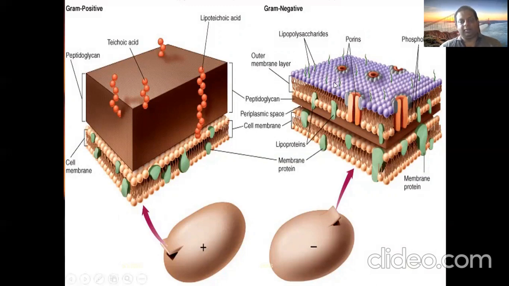Imagine this is a cross section, this is the outer part, and this is the cytoplasm. Once my antibiotic reaches here, it should penetrate the cell wall to reach the cytoplasm. If they act on the cytoplasm, they must penetrate. Even to act on the peptidoglycan layer, the cell wall, they need to adhere and penetrate like this. So for that there are channels, termed pores.